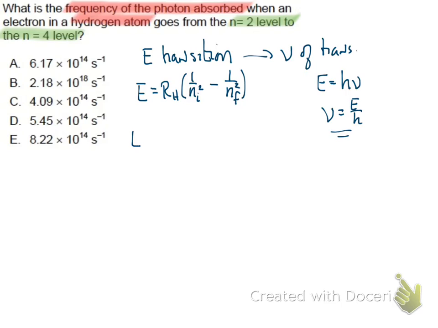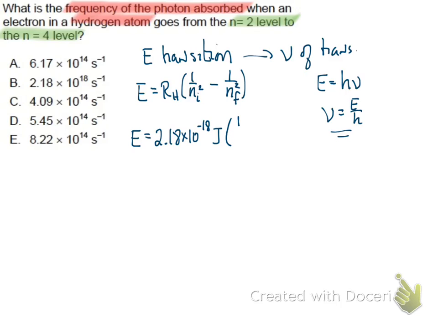The energy. Well, the Rydberg constant is given to us, and you'll have it on your data sheet when you're taking a quiz or a test. It's 2.18 times 10 to the minus 18th joules. It's fairly small, but remember we're solving for the energy of a single photon, so it makes sense that it might be small.